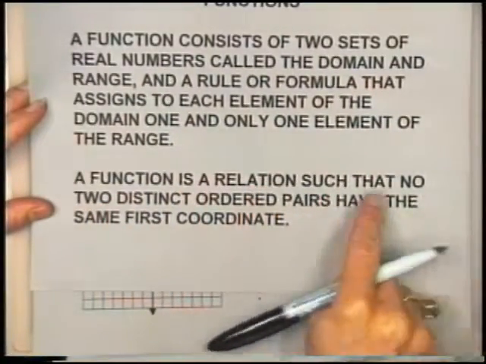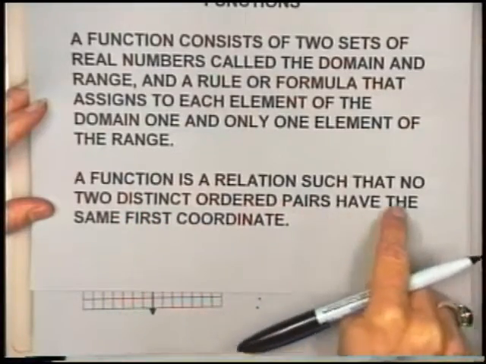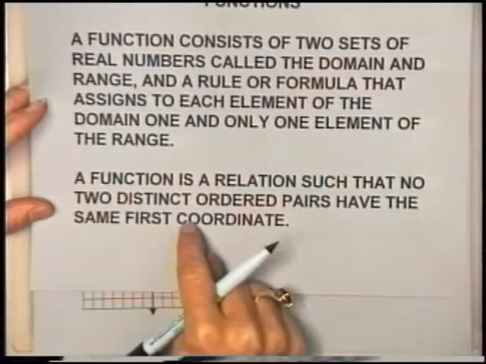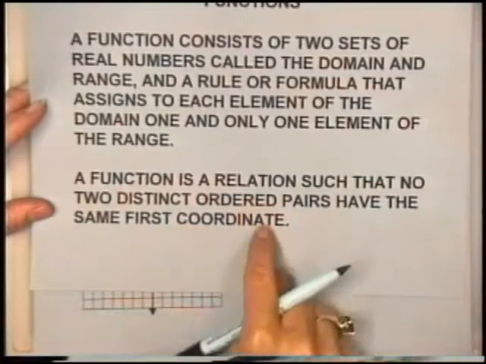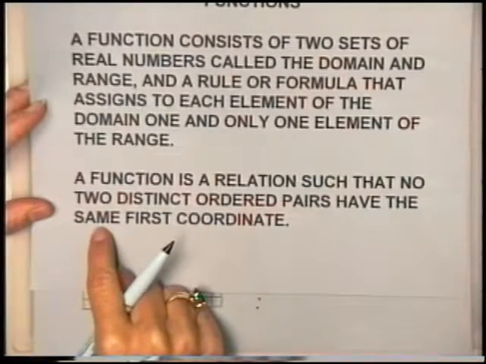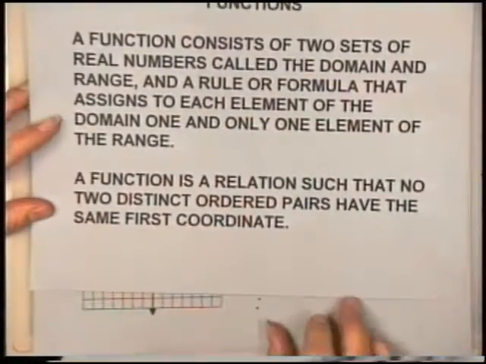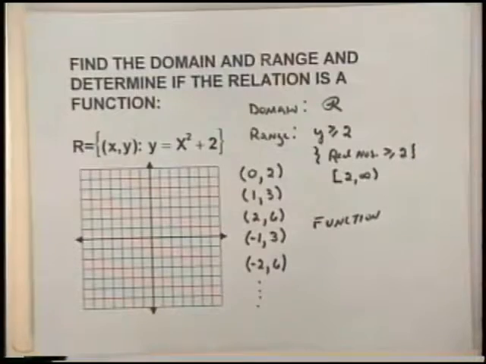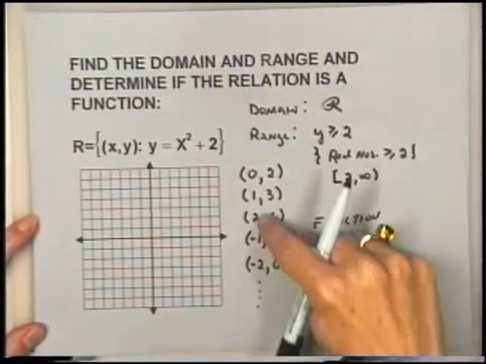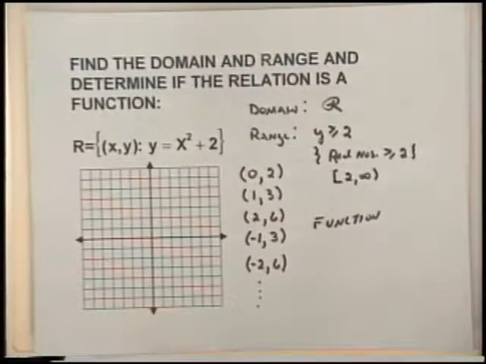A function is a relation such that no two distinct ordered pairs have the same what? First coordinate. It does not say anything at all about having the same second coordinate. So it's okay to have the same second coordinate, just not the same first coordinate. The x values are the first coordinates, and they do not repeat.